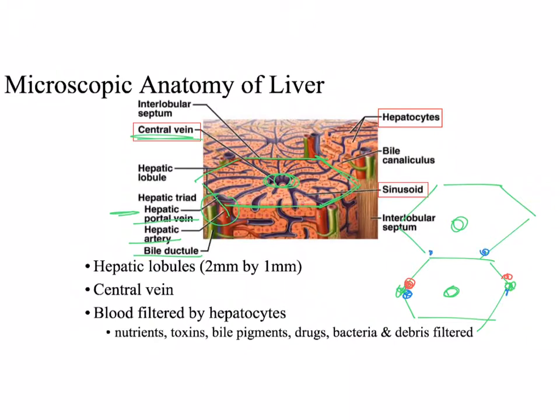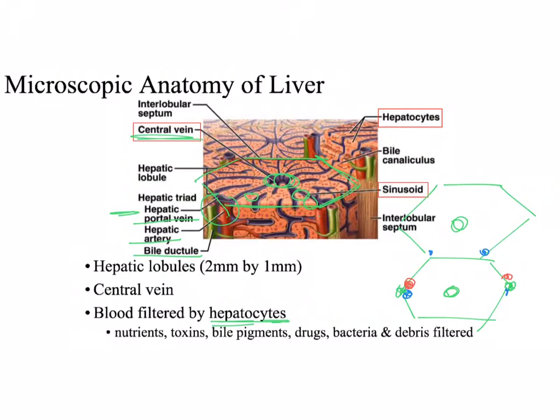Now, the liver cells are called hepatocytes. Each of these little cuboidal cells is a hepatocyte. So hepatocyte, hepato, liver, cyte, cell. Now what's going to happen is the blood is going to enter these lobules, and it's going to be filtered.